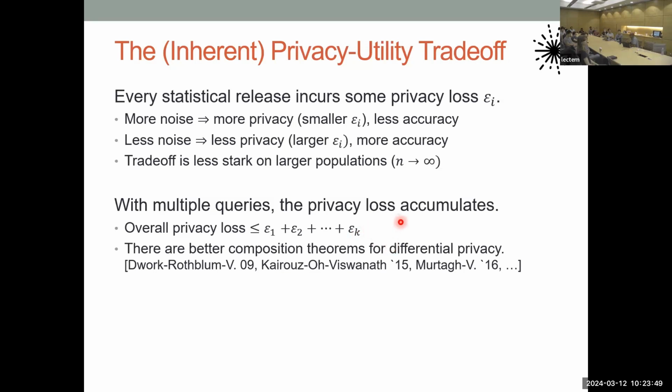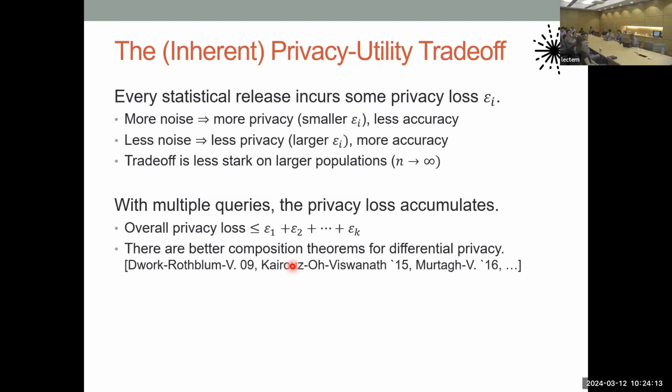Now, to Sasha's question, what if you want to answer multiple queries? Well, differential privacy has nice composition theorems that tell you how privacy loss accumulates when you answer multiple questions. In the most basic composition, you can upper bound the privacy loss by the sum of the privacy losses on the individual queries.